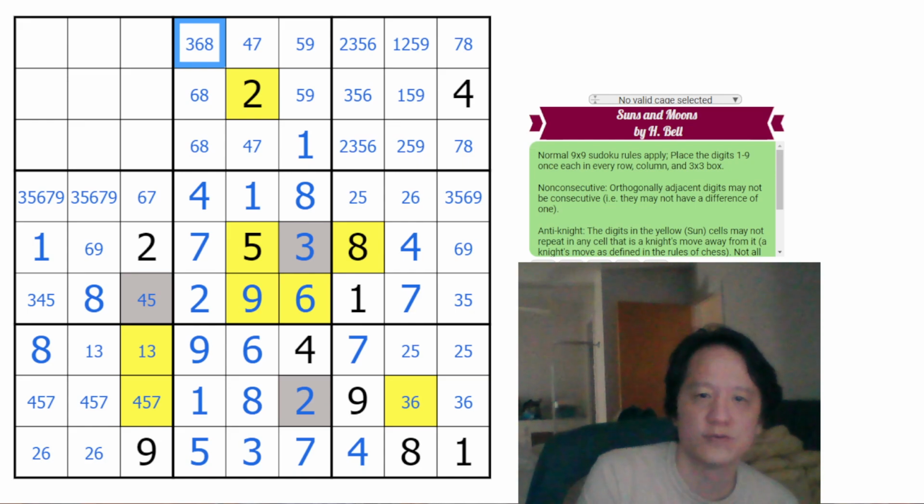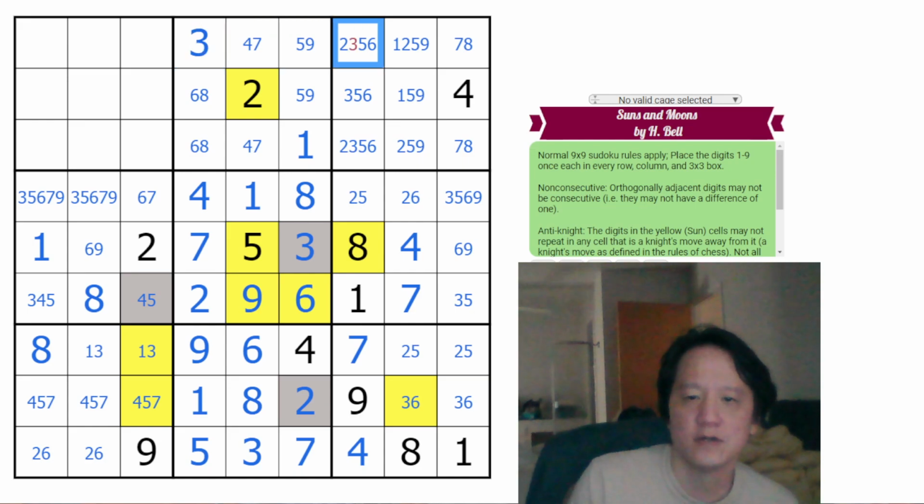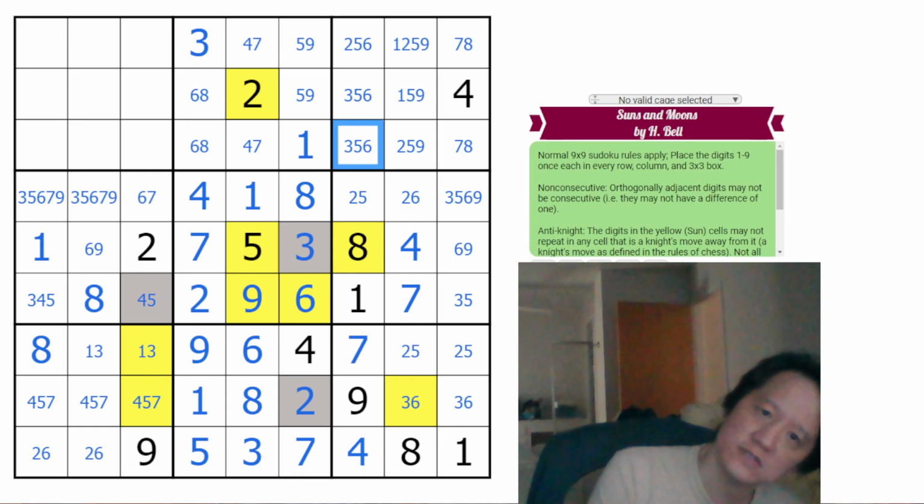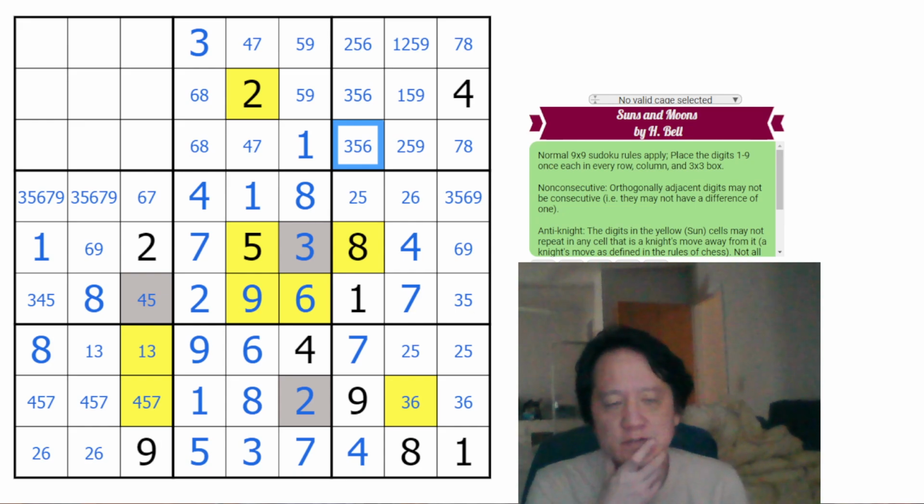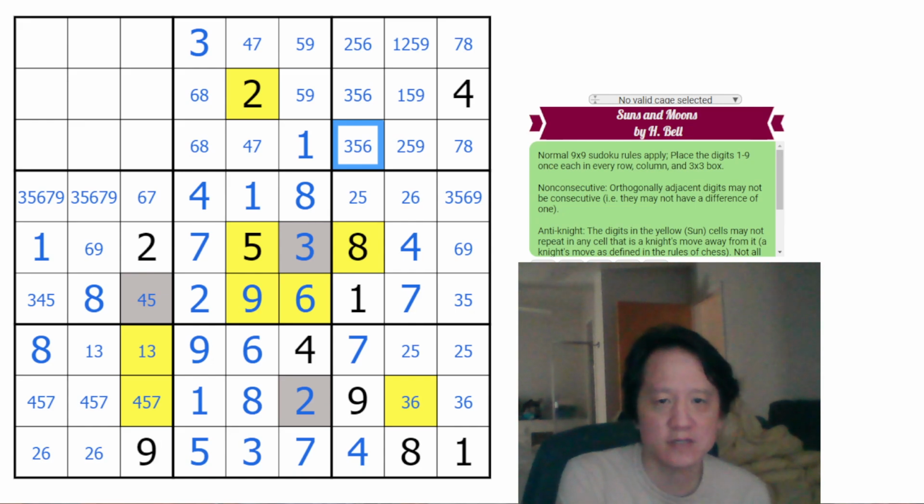Therefore, this is the 3. This can't be 3. So 3 is one of those 2. So this cannot be 2. If this is 5, if this is... Okay, that's fun, I guess.